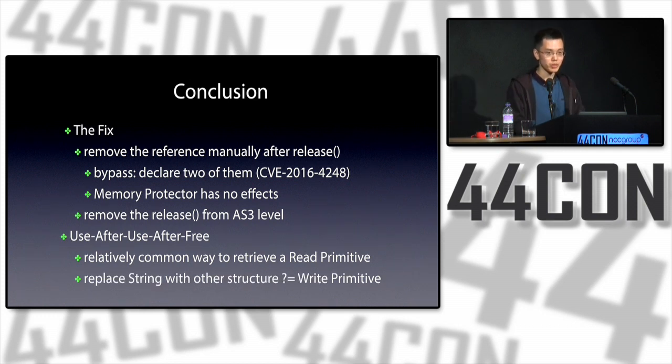And right now, we're dealing with a string structure, and thus it gives us a read primitive. And in the future, we may find other class hosts, other structures that can be corrupted, so that gives us a write primitive. And the problem with string is that when you try to read the content of the string, everything is okay. But when you try to write the string with the target address you pointed to, it doesn't work.